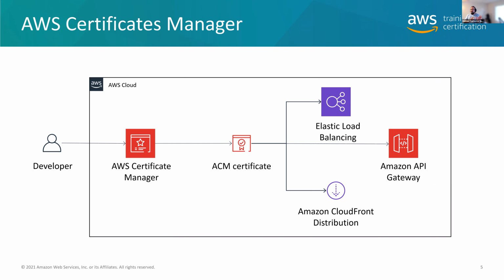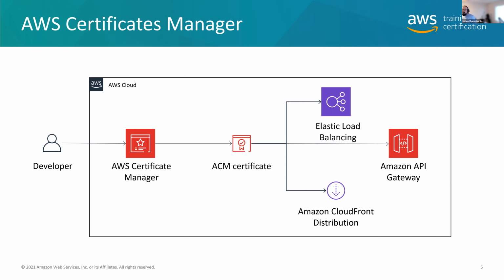You can request a certificate and deploy it on any of the ACM integrated resources, such as CloudFront, API Gateway, or the Elastic Load Balancer. You can also import third-party certificates, and create private certificates. It allows you to manage the certificate lifecycle centrally.